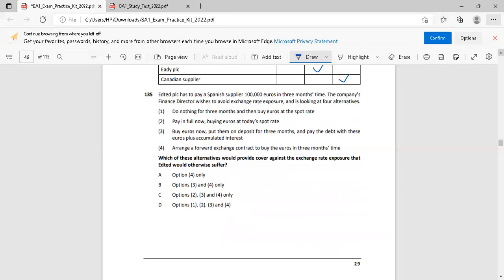Three, buy euros now, put them on deposit for 3 months and pay the debt with these euros plus accumulated interest. Four, arrange a forward exchange contract to buy the euros in 3 months' time. Which of these alternatives would provide cover against the exchange rate exposure that EdTed would otherwise suffer?